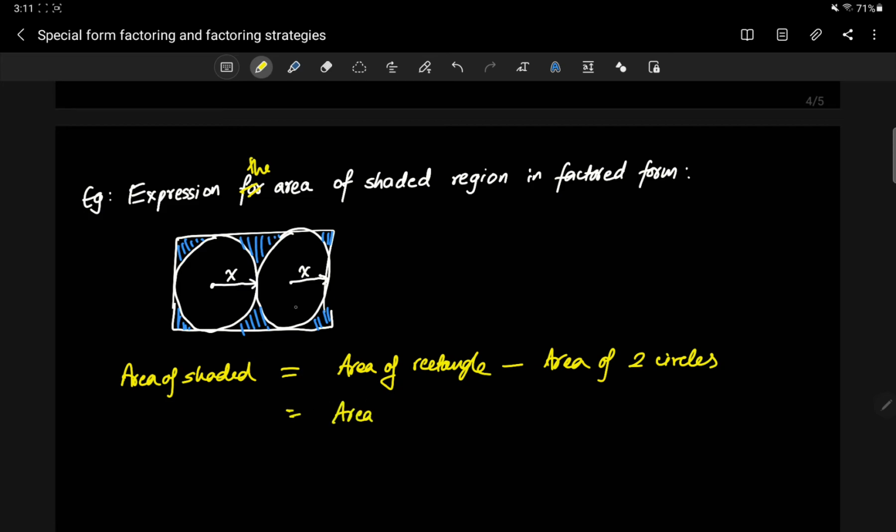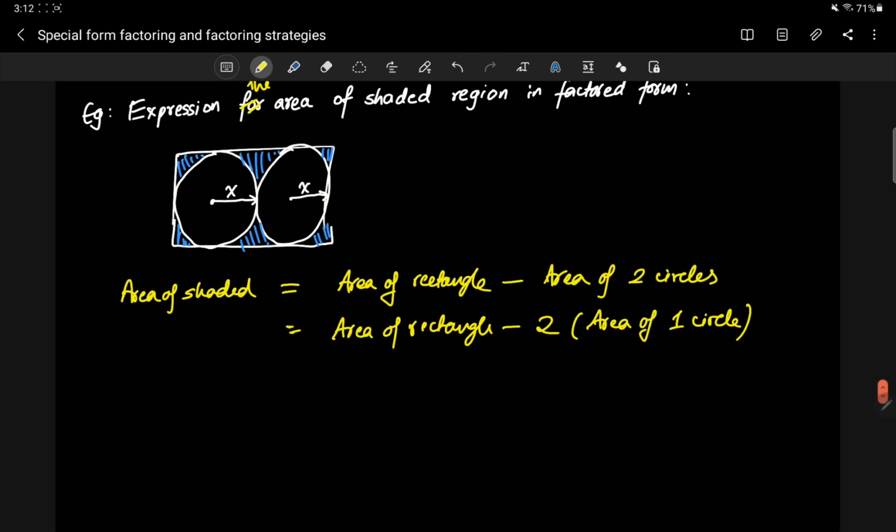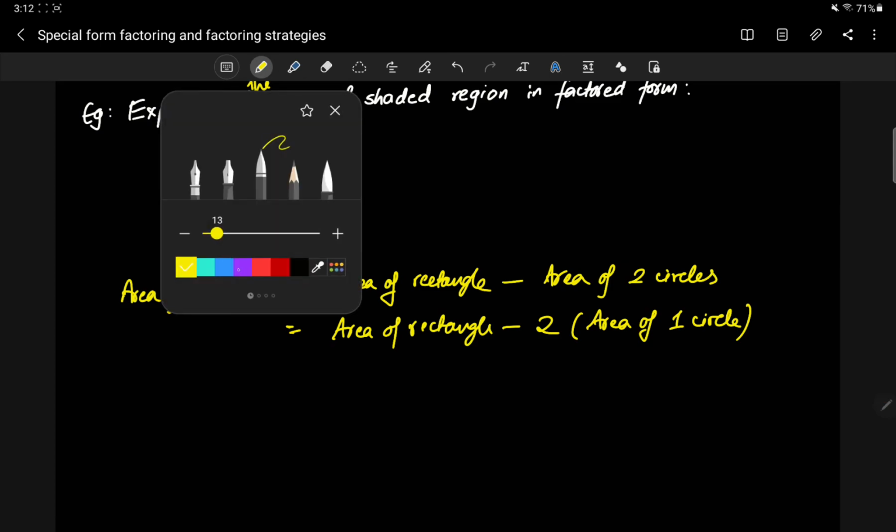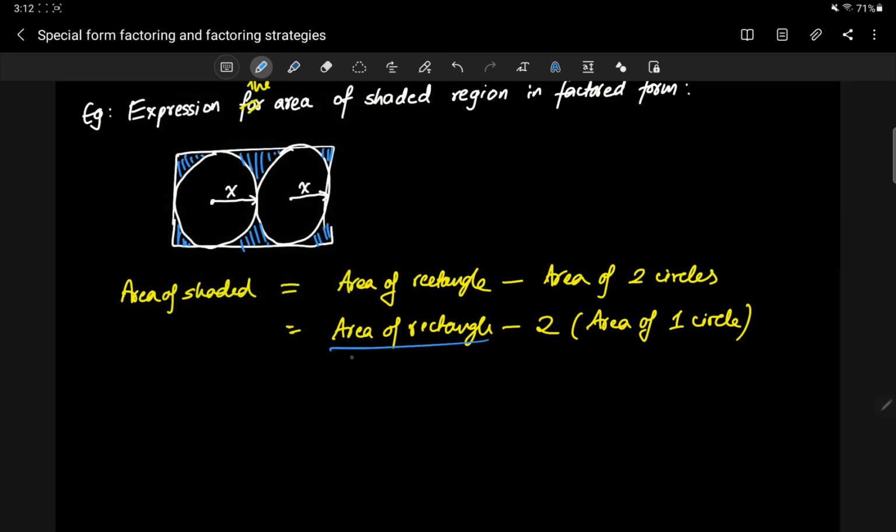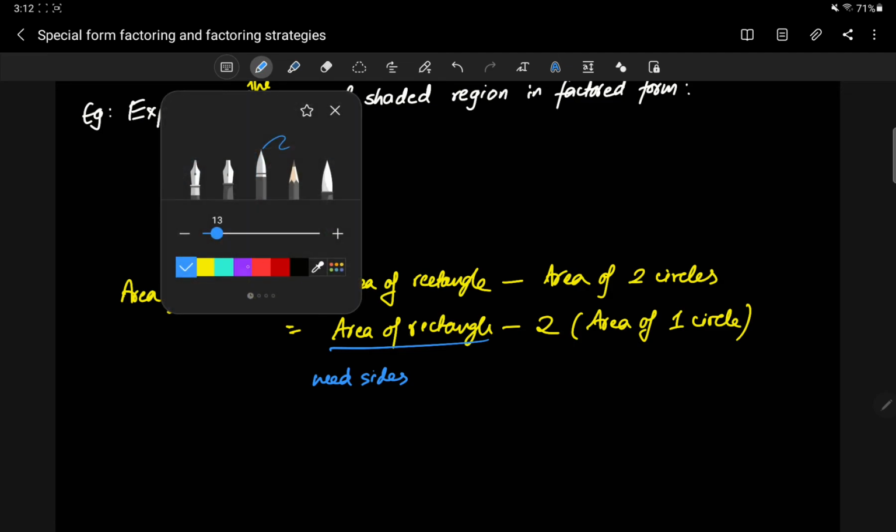But these circles, they have the same radius x, which means this is just 2 times the area of one circle. Now to find the area of a rectangle, I need the sides. Now here, let's use a different color.